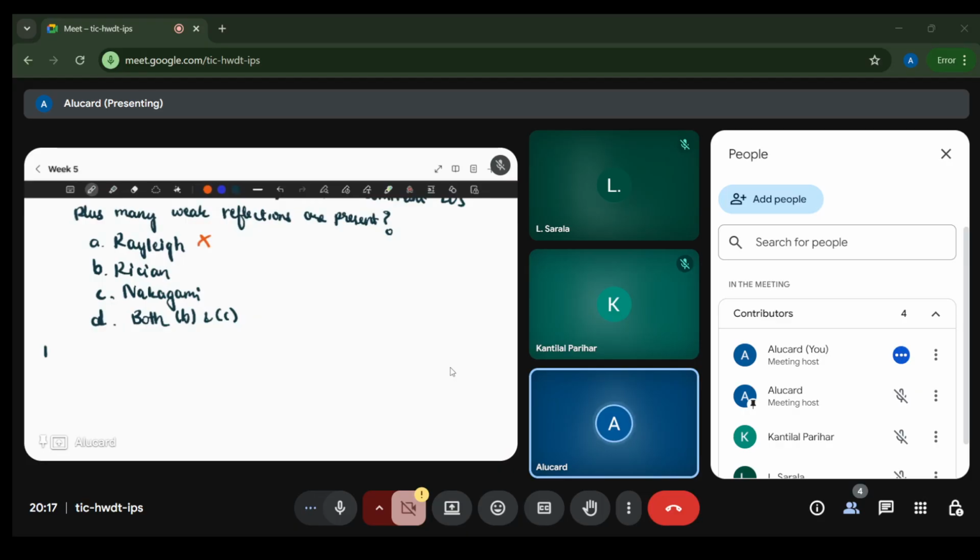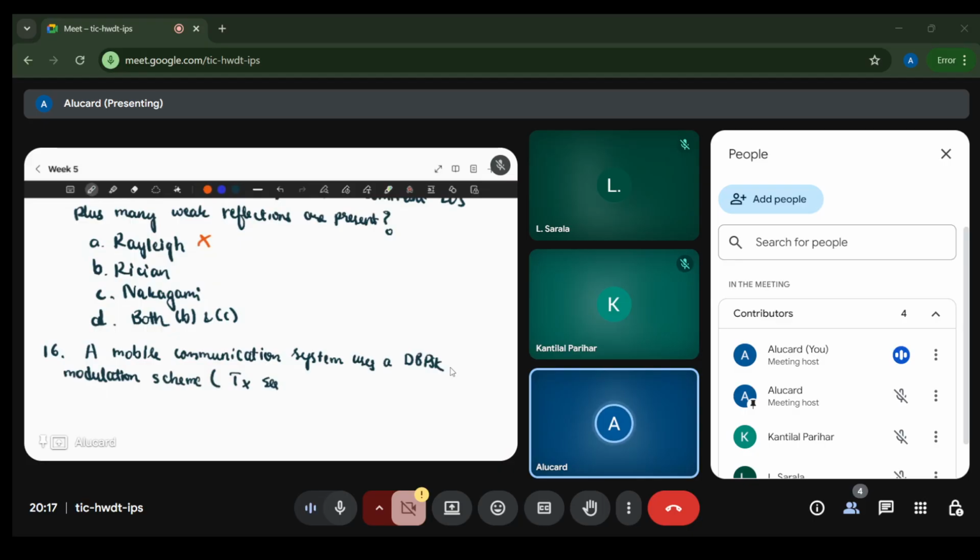Next question is 16a. A mobile communication system uses a DBPSK, differential BPSK modulation scheme.